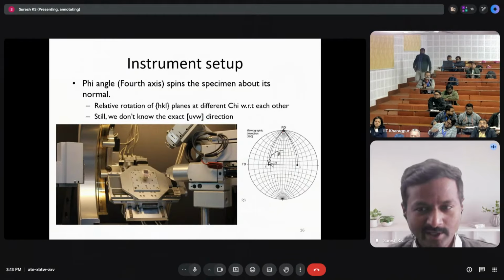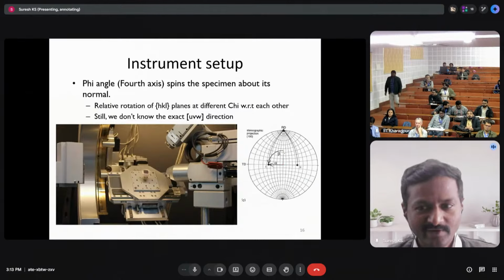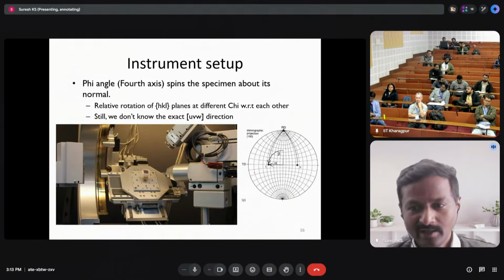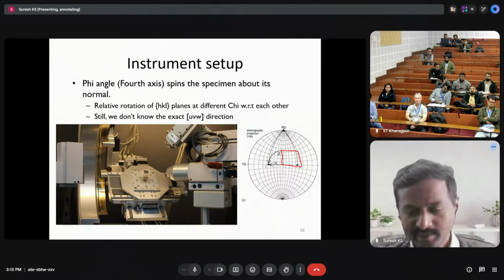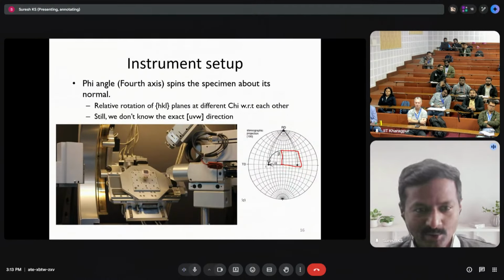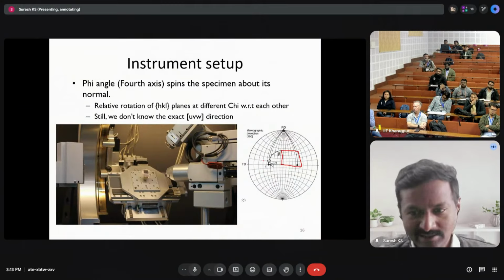Rather, you may just collect at 2 or 3 different chi tilt angles, because at any given point of time you are covering a much larger region of the stereogram or the pole figure. With a point detector, at any given point of time you are going to collect only at this particular spot alone.